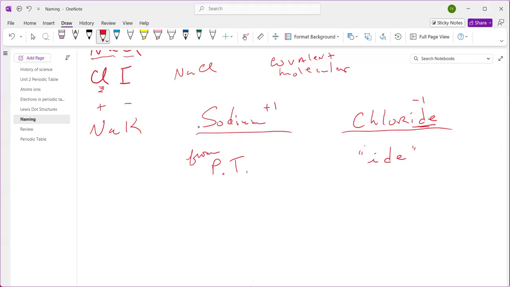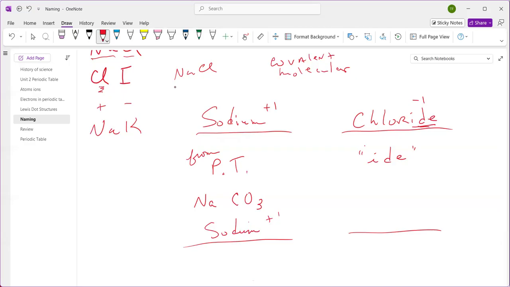So let's do another one. Let's do sodium carbonate. Na we already know is sodium from the periodic table, and it's got a +1 charge.